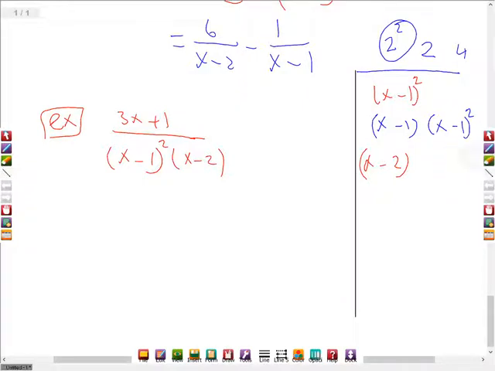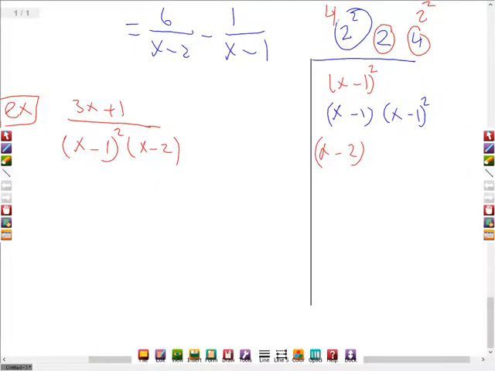If you understand it, this is 4. 2 squared is the same as 4, right? Then when I take my factors, the factors of 4 are 2 and 2, which is 2 squared. Then x minus 1 squared is x minus 1 and x minus 1. I have 3 factors.